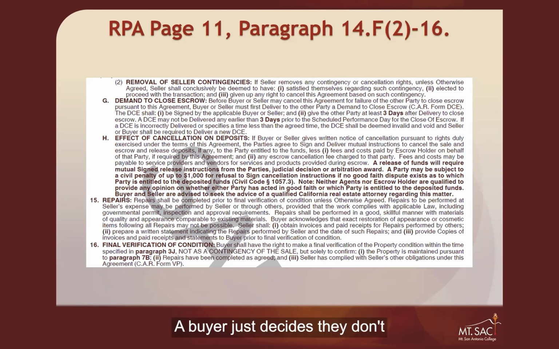A buyer just decides they don't like the orientation of the house. Buyer just decides they don't like the species of lawn that's in the yard or whatever. If that's really why the buyer doesn't want to buy the property, buyer can cancel. It doesn't have to be a good reason. It just means that they don't like the property.